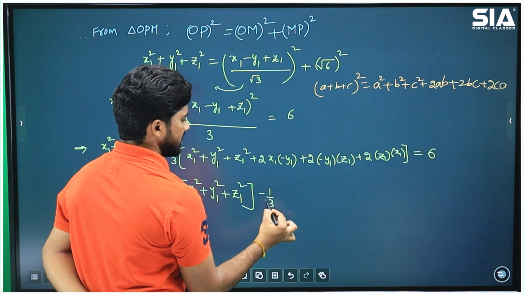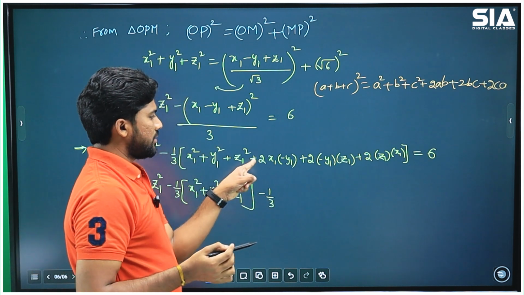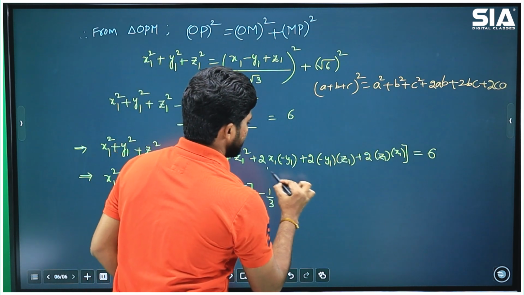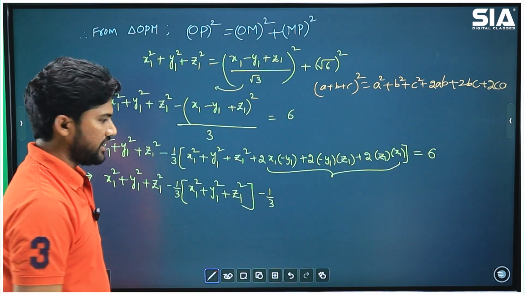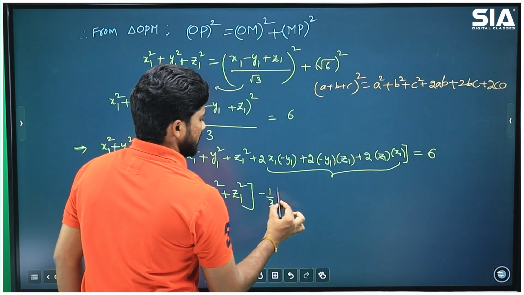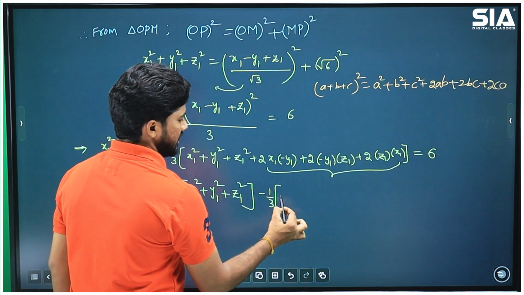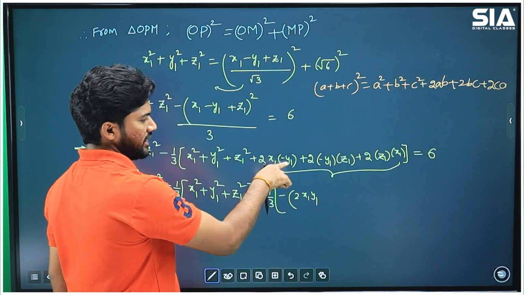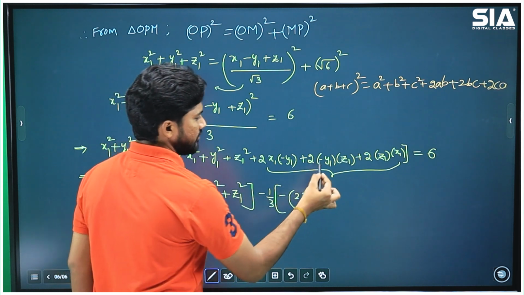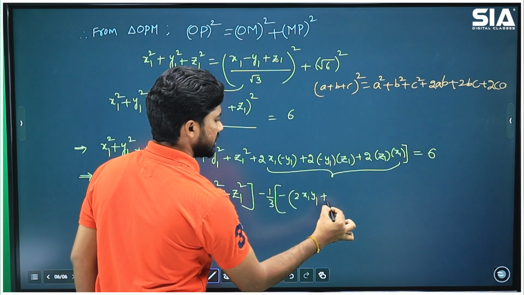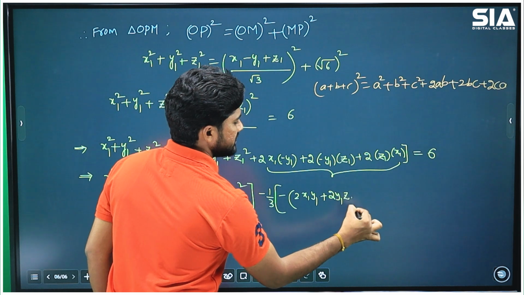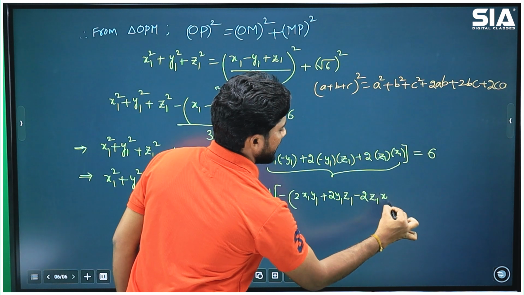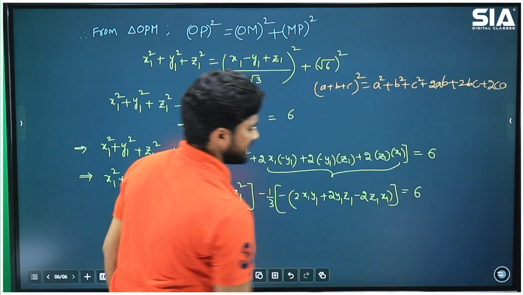Plus into minus is minus, plus into minus is minus, plus into plus is plus. From the remaining 3 values, I am taking minus common: minus 2x1 y1, minus 2y1 z1, and plus 2x1 z1, which gives 2z1 x1. Okay, so equal to 6.